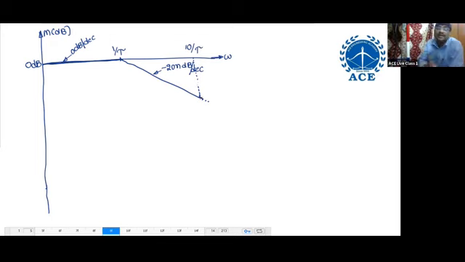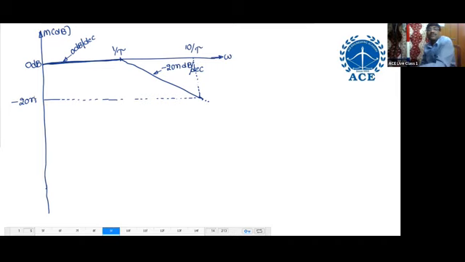So 1 to 10 is 1 decade. In one decade, how much is the magnitude reduced? 20n. Here it is 0, so here it is minus 20n. For every 10 times change in frequency, the magnitude goes down by 20n. For example, at 10 by tau, minus 20n.